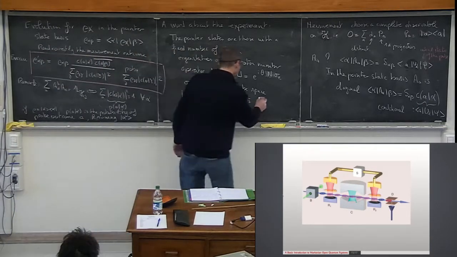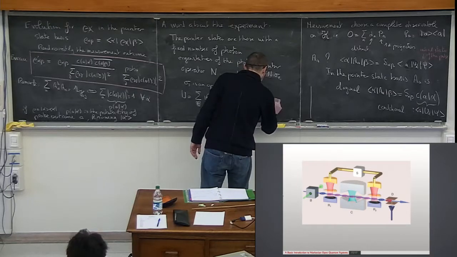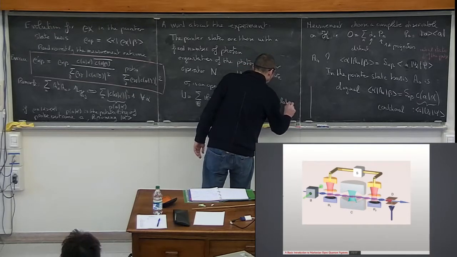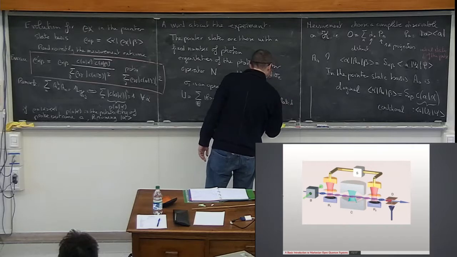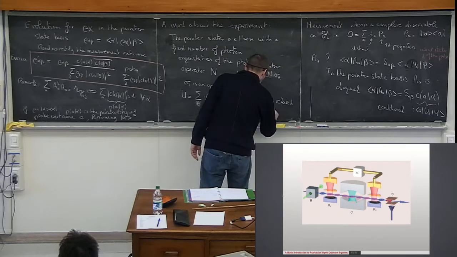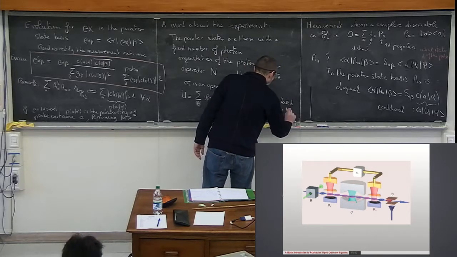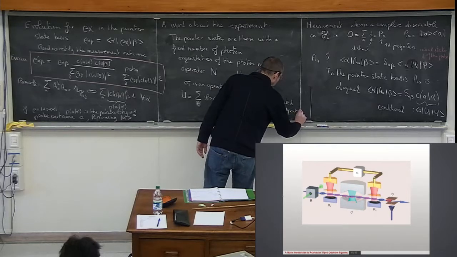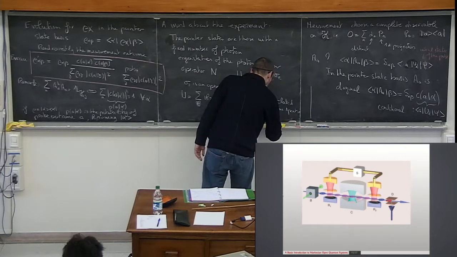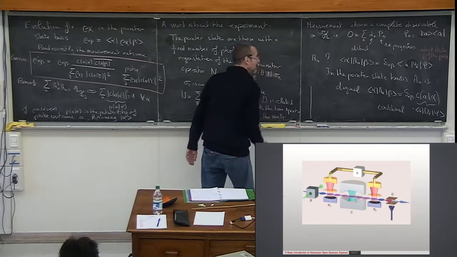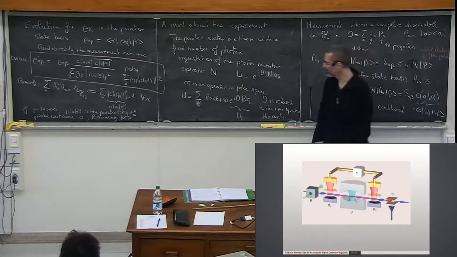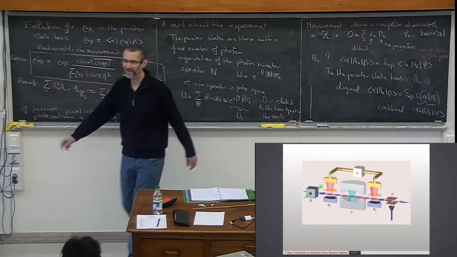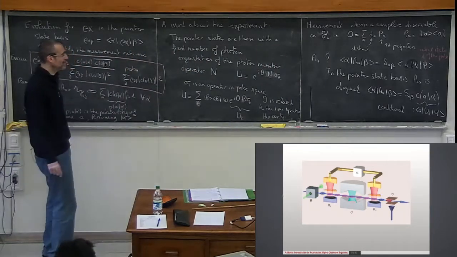And theta is related to the time spent in the cavity. If the probes go very quickly through the cavity, theta is small. If they go very slowly in the cavity, theta is large.